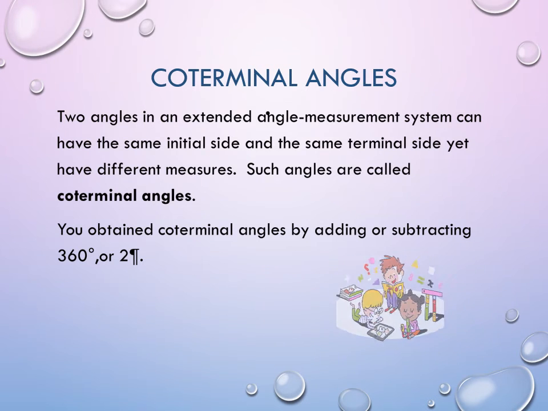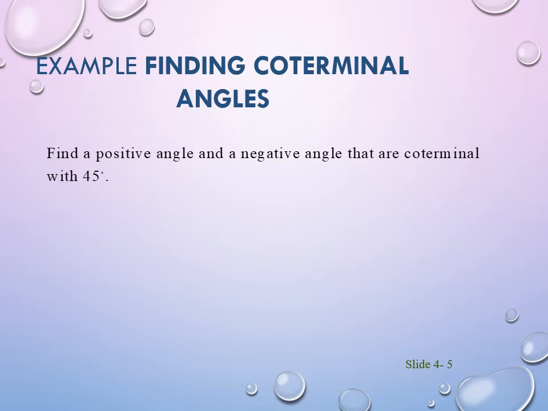So already having the knowledge of what a coterminal angle is, let's go ahead and find a positive and a negative angle that are coterminal with 45 degrees. Okay, so what are we going to do? According to what we've learned, we can add or subtract 360.